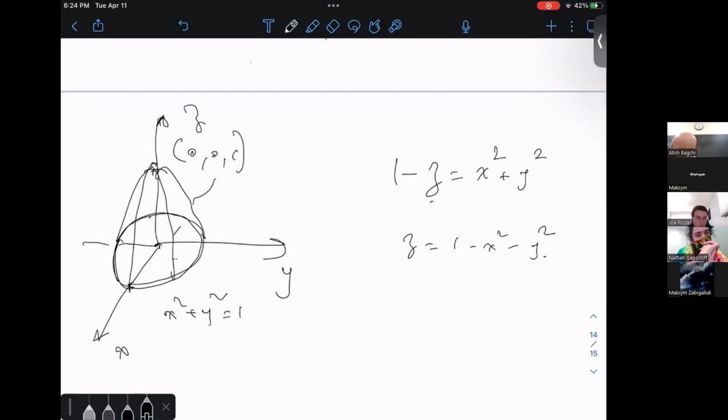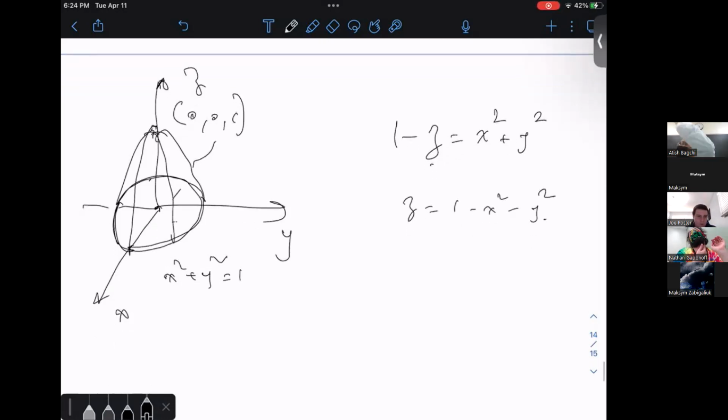That's the top. And minus x squared and minus y squared means the parabola is opening downwards. So it makes sense. Let me write this down properly: x squared plus y squared plus z minus 1 is equal to 0.